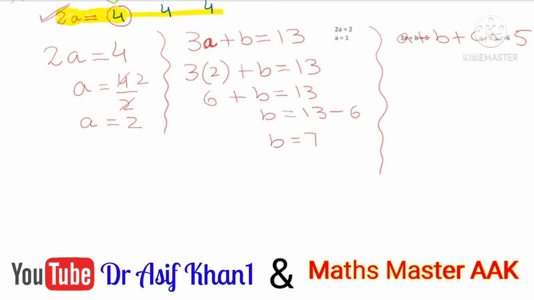So here in place of A you will write 2, plus B you will write 7, plus C is equal to 5. 7 plus 2 is 9, plus C is equal to 5. So C is equal to 5 minus 9, and 5 minus 9 is minus 4.